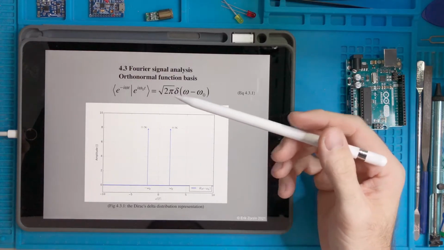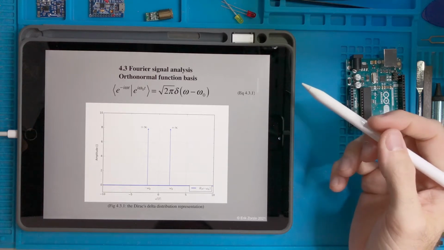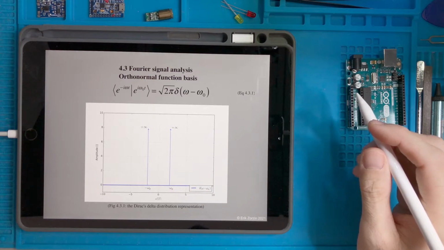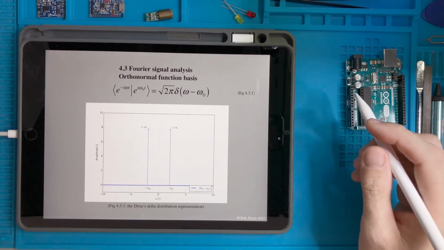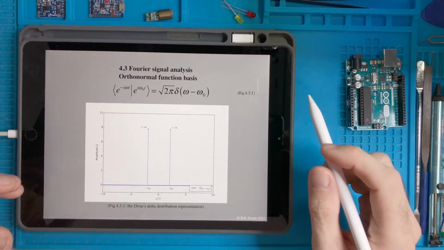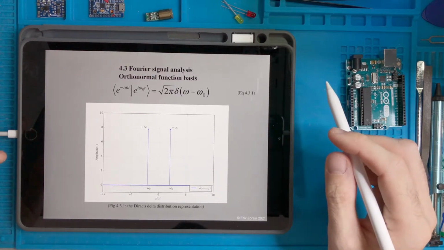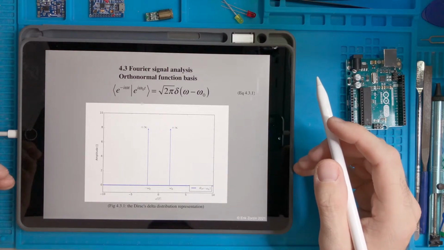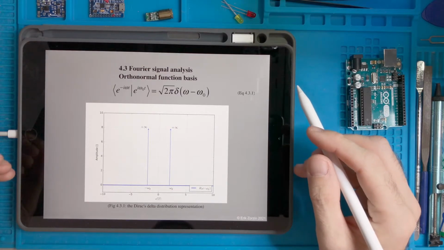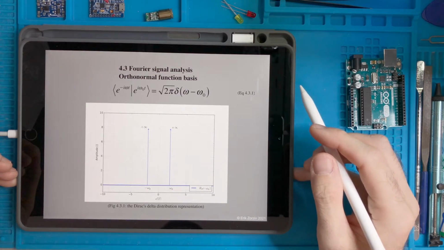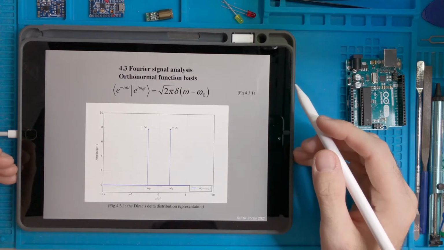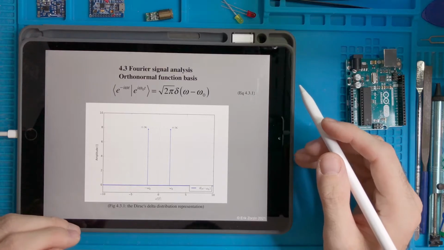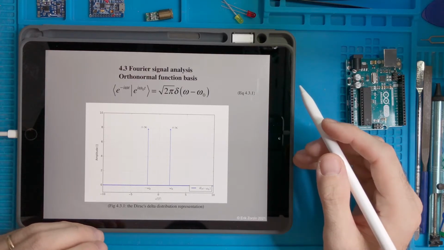So here comes our complex exponential function. We said that in order to represent a vector, we need a reference frame. We need the axes, so we need a vector space to put it in. So we need to define a vector space also for functions. The vector space is made of vectors, but we think of vectors as functions and vice versa.